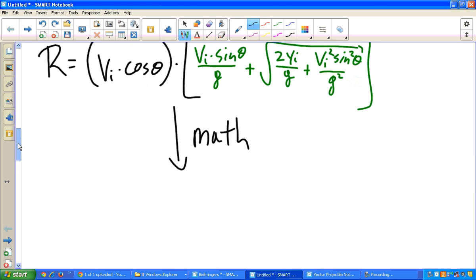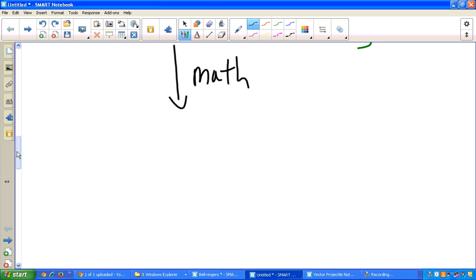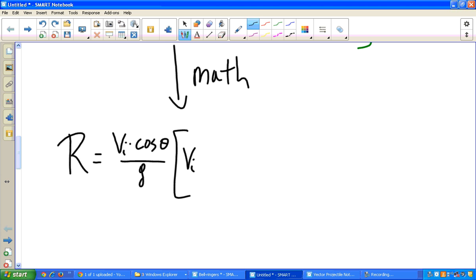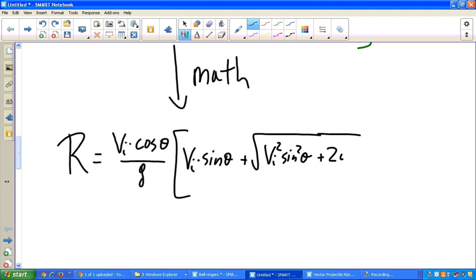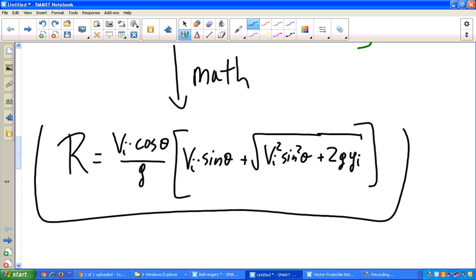After you factor out some g's and do a little bit of simplification, you get to the end result for the range equation, which is going to be vi cos theta over g times, in brackets, vi sine theta plus the square root of vi squared sine squared theta plus 2g y initial. And there is the general range formula.